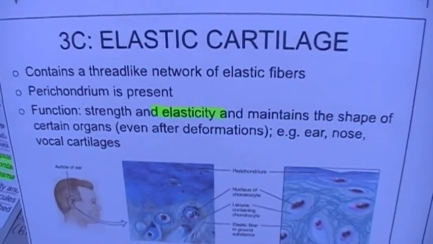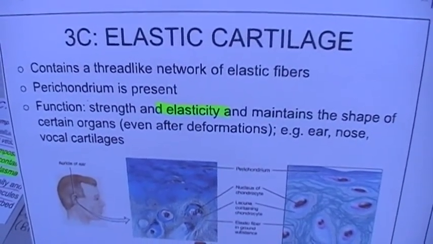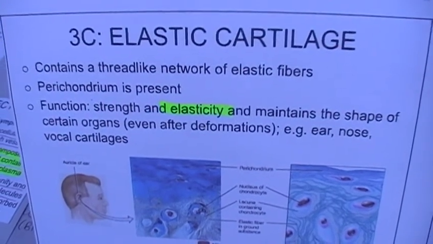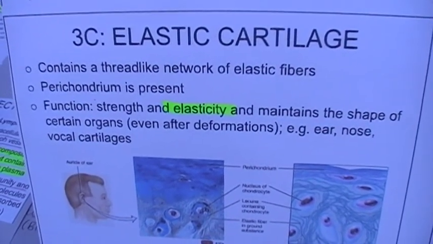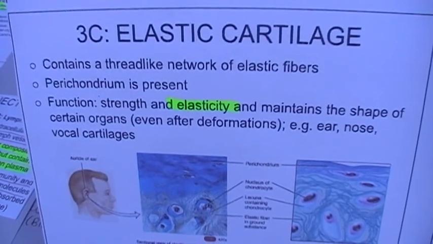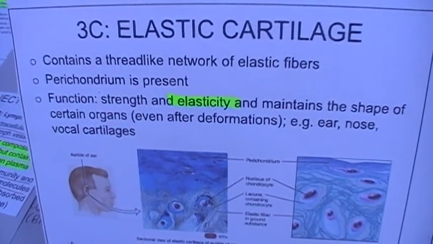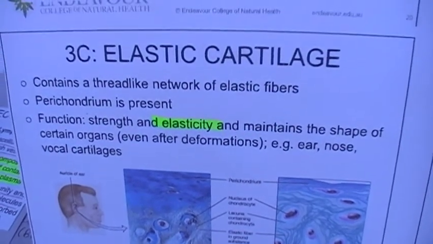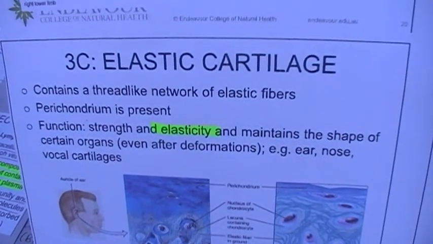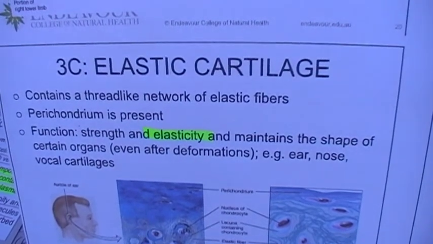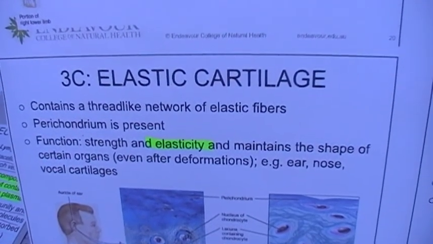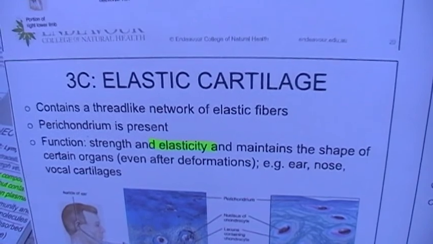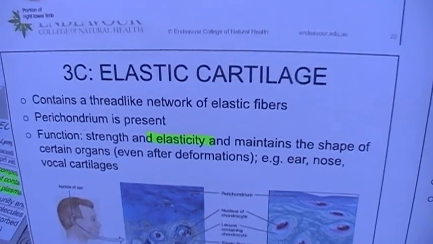Elastic cartilage. Perichondrium is present. It contains a thread-like network of elastic fibers. Functions with strength and elasticity. Where is it?